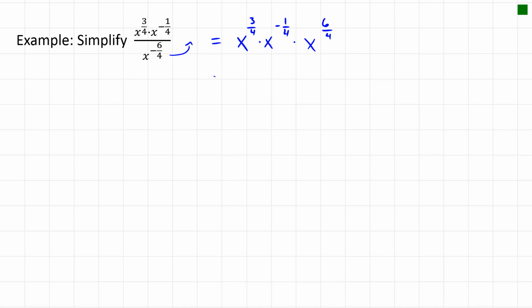And now I can go ahead and combine these using my product rule. So this would be x to the power of 3/4 plus -1/4 plus 6/4. So I have 3 minus 1 is 2, plus 6 is 8. So that's x to the power of 8 over 4, and I can simplify that fraction as x to the power of 2.